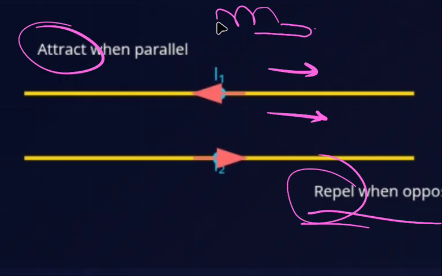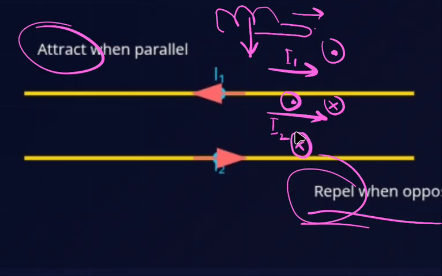So here see, this is the current direction. Now it is here out of the paper. Here this side is into the paper for this current, I1. For I2 current, again it is showing here out of the paper, and it is showing here into the paper.